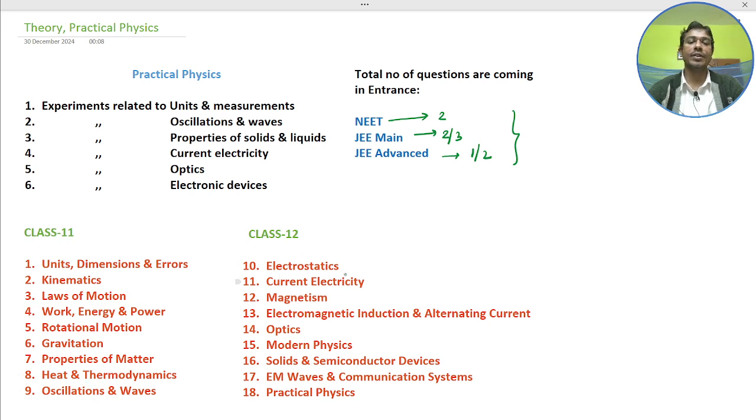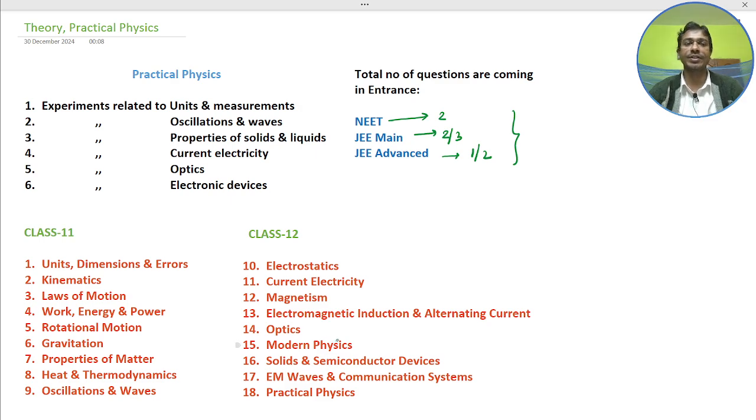And class 12: electrostatics, current electricity, magnetism, electromagnetic induction and alternating current, optics, modern physics, solids and semiconductor devices, EM wave and communication system and the particle. And the last one, practical physics. So we cover here the total JEE Main and Advanced and NEET physics.